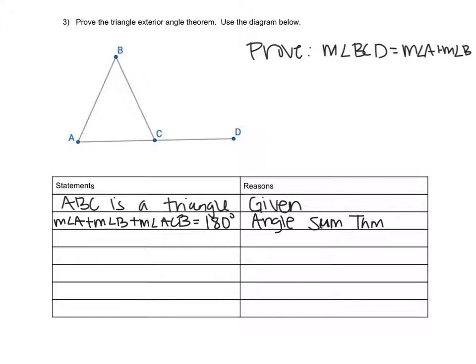We also know that angles ACB and BCD form a linear pair, which means the measure of angle ACB plus the measure of angle BCD is 180 degrees as well. And that would be from the definition of linear pair.